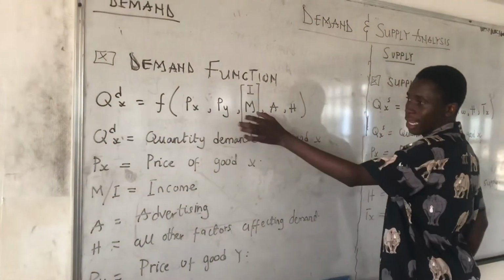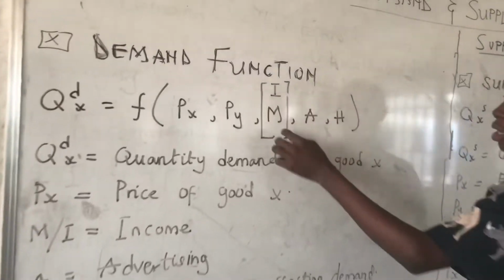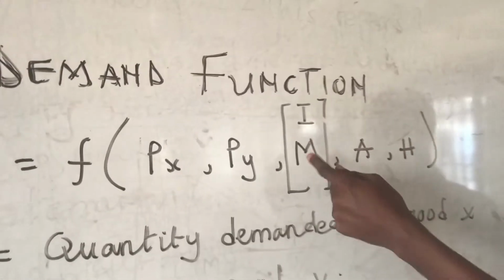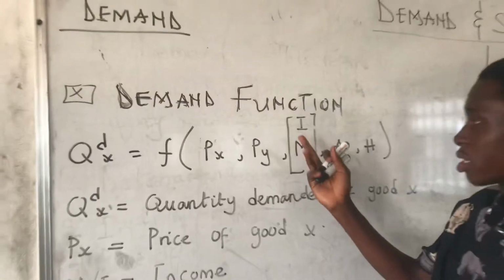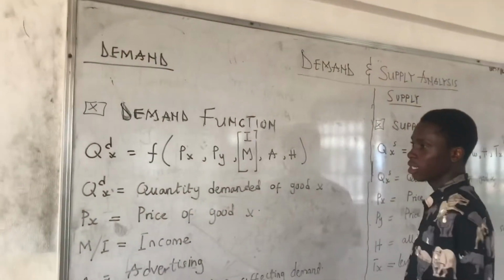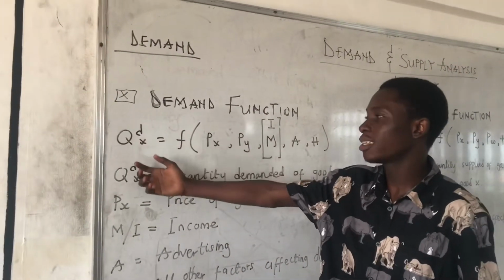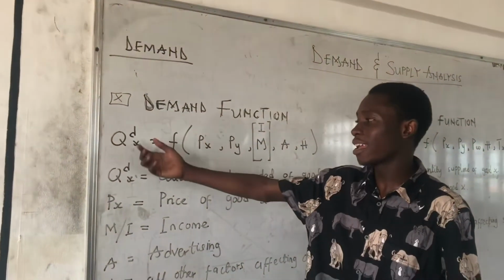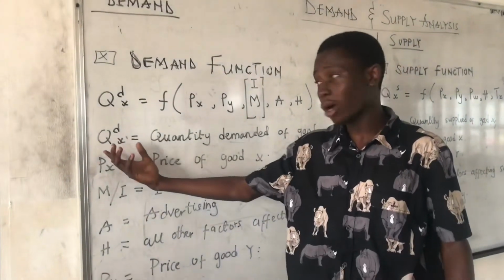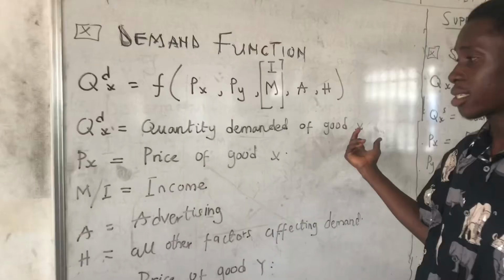The reason why you see this side to be M, it can either be M or it can either be an I. Are you okay? Then A, then we have H. The QDX that you guys normally say, the actual name is quantity demanded of good X. Are you good?